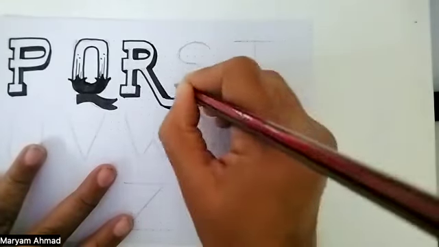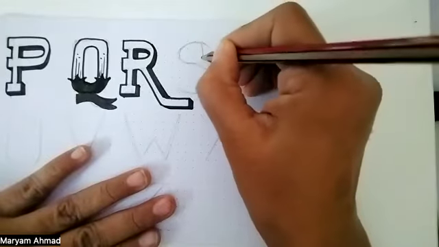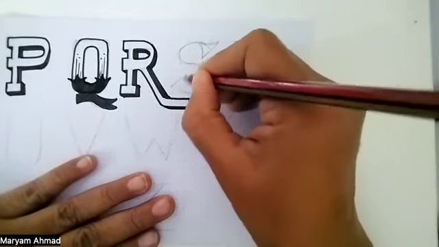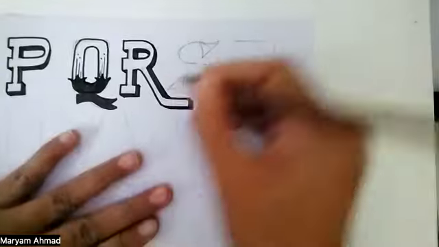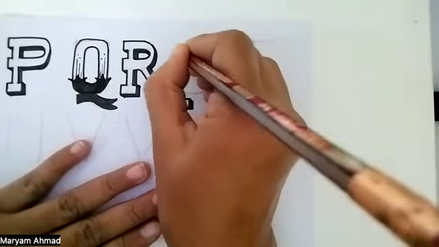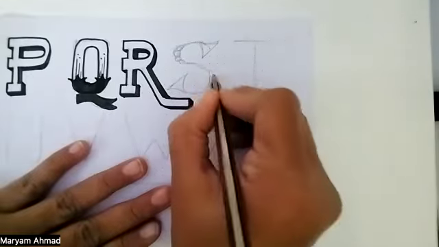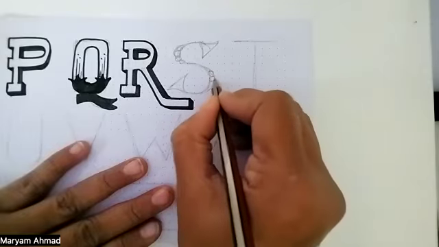Always, always make the skeleton. It's easier to play around with it. So how about we add a little fan shape to the top and the bottom, right? And we add some dots. So first make this shape and then add some dots.